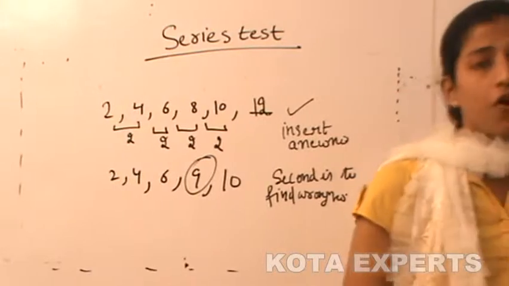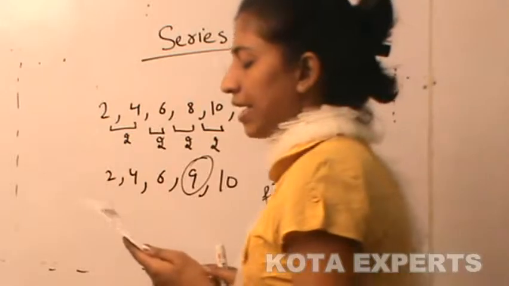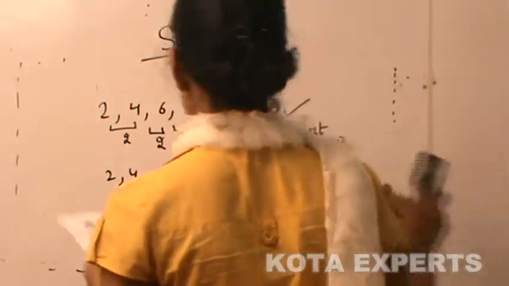So the first question of your DPP, that is, find out the missing number.